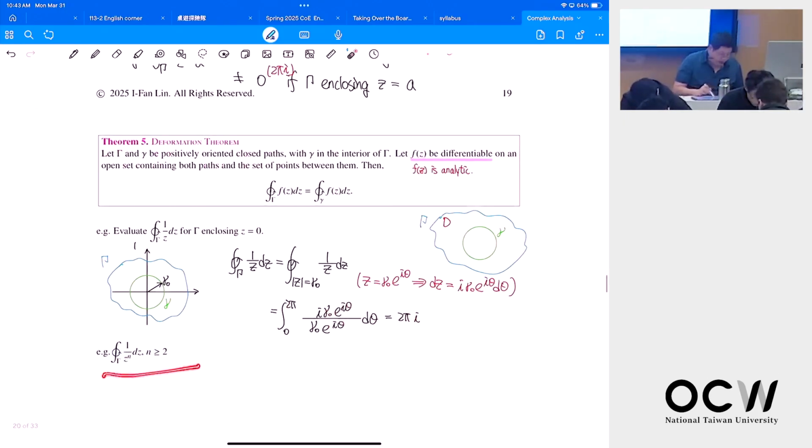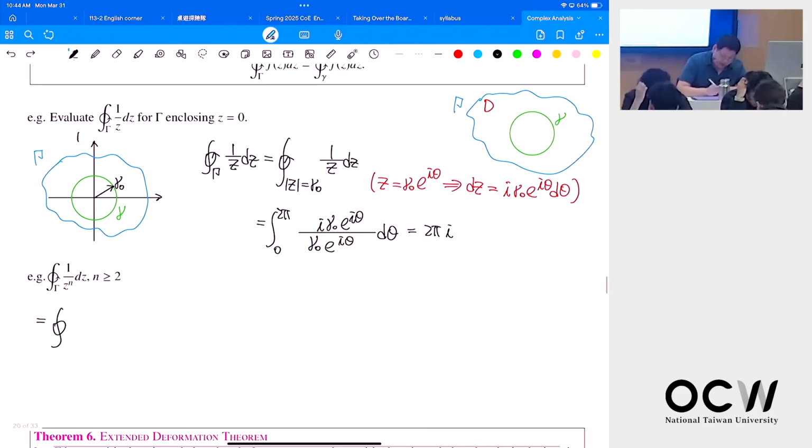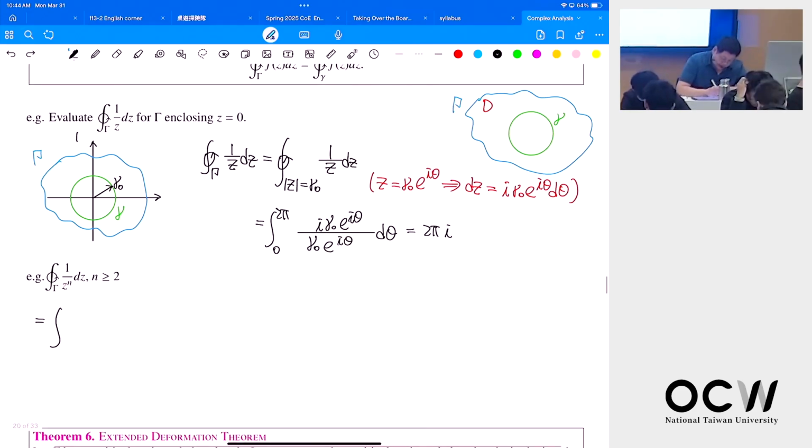Let's see. We do the same thing. Okay, change the closed curve tau to gamma. This integration is equal to, by the deformation theory, and we don't prove this theory because here you just need to know how to use it.